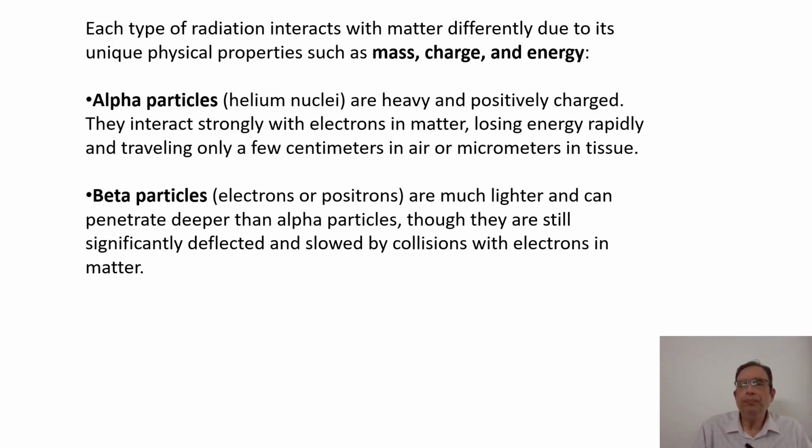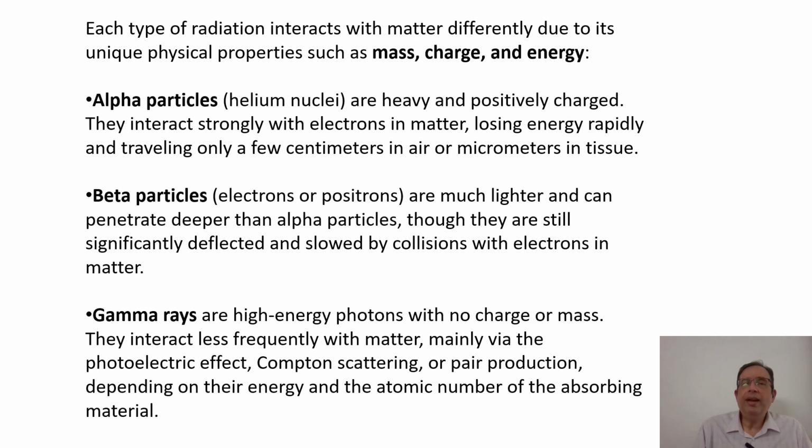They are significantly deflected by collisions with other electrons because they are light, so the deflection is large. Whereas in the case of alpha particles, the deflection is small because alpha particles are very heavy, and when they interact with the electrons of the medium, they are not deflected that much.